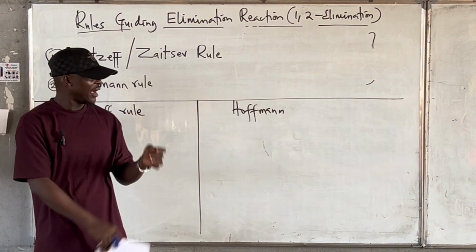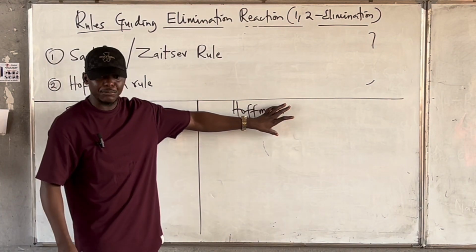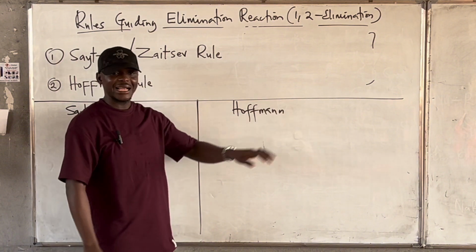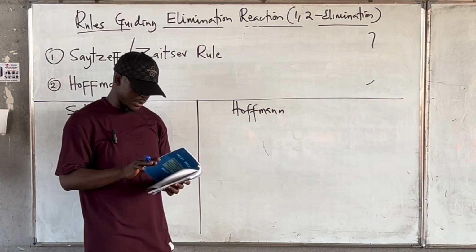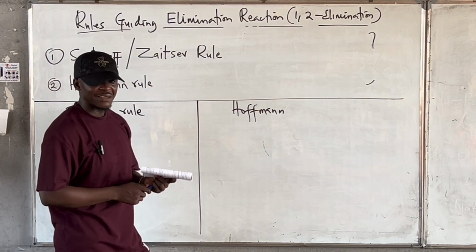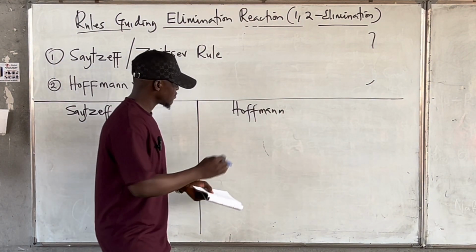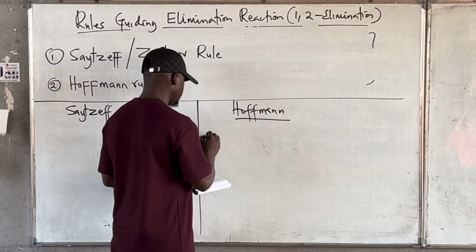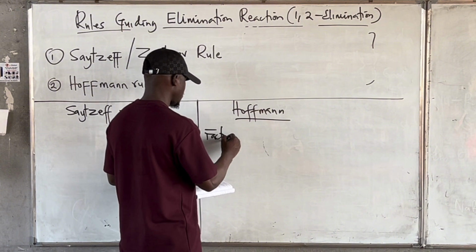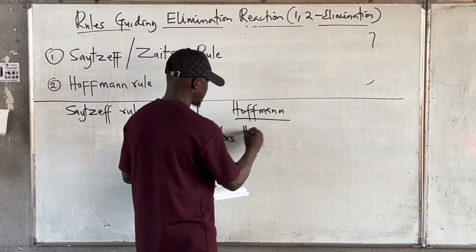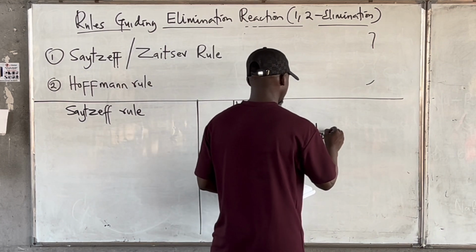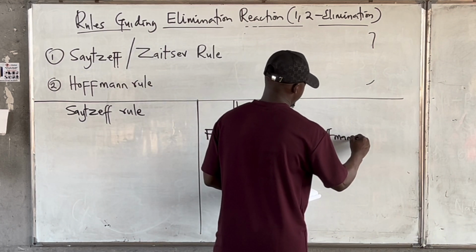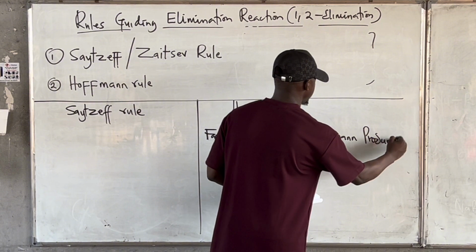Whereas in Hofmann, the major product is the one that has fewer alkyl substituents. Full stop. Now I said Hofmann normally happens when the attacking base is bulky. When the attacking base is what? Bulky. Factors that favor Hofmann products.